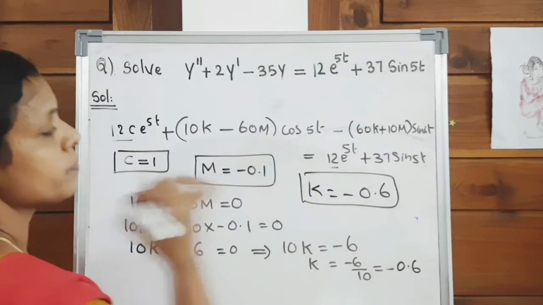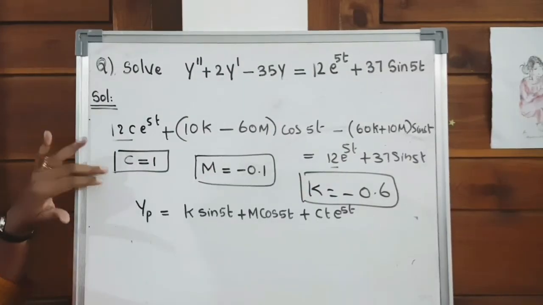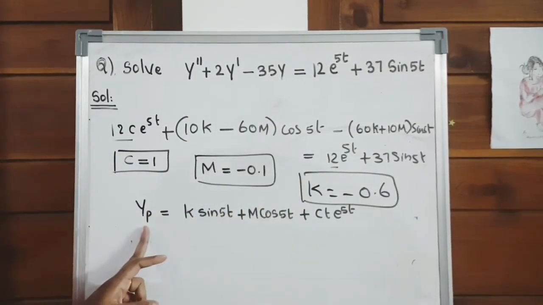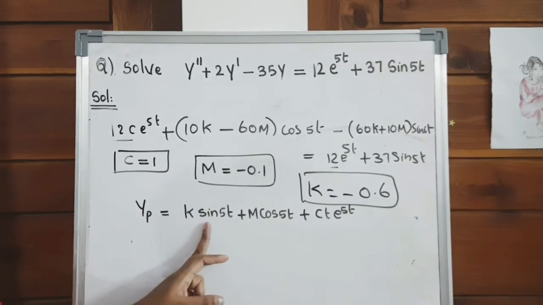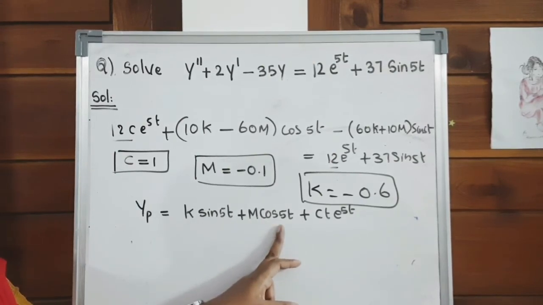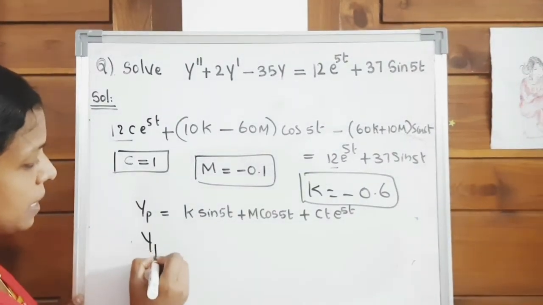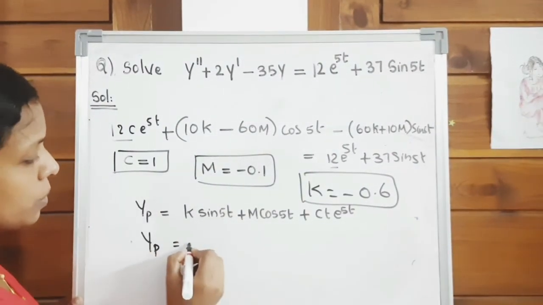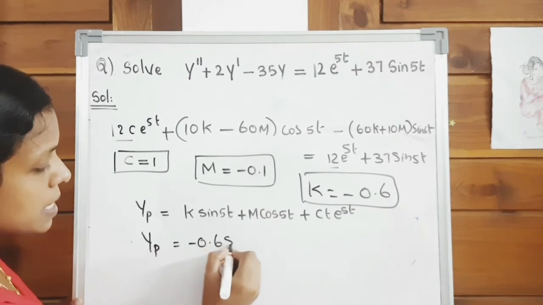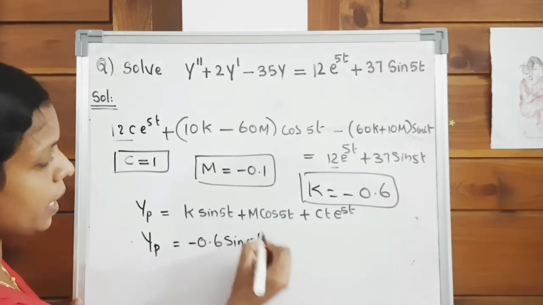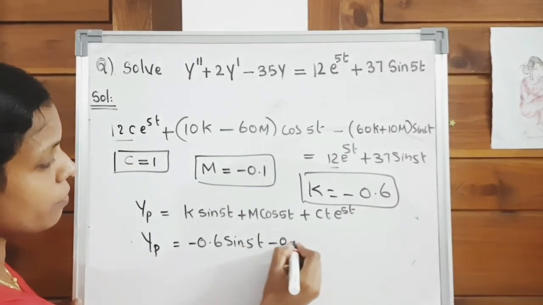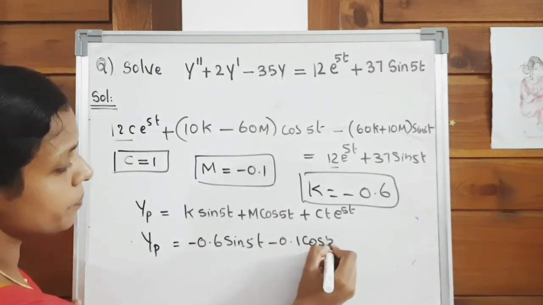We substitute the value of c, m, k in this equation. That is, yp is equal to k sin 5t plus m cos 5t plus ct e raised to 5t. Now we get yp is equal to, here k is equal to negative 0.6 sin 5t. M is negative 0.1 cos 5t.